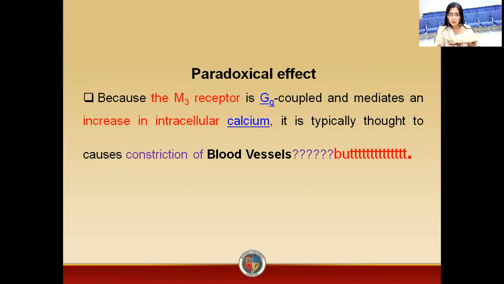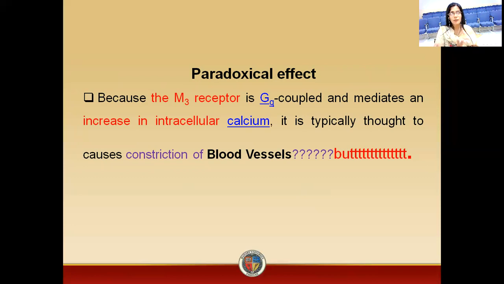These M3 receptors are associated with Gq proteins, and we know that activation of Gq proteins causes an increase in the intracellular level of calcium. Instead of this increase in the calcium level of the cell, why does M3 receptor activation cause a vasodilatory effect? Why doesn't it cause constriction of the vessels?